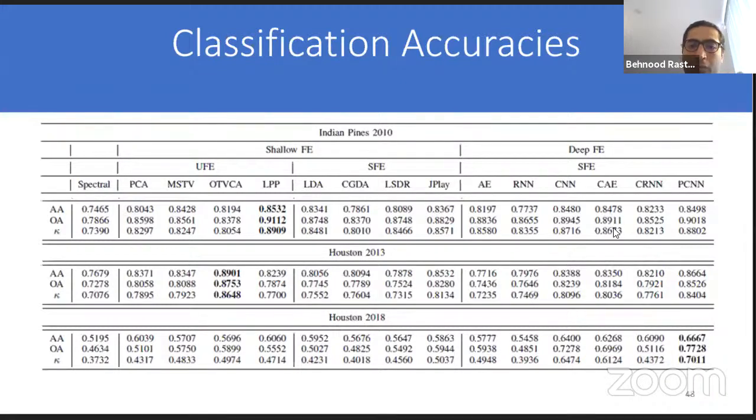But then when you compare deep learning techniques with shallow feature extraction techniques, you see for Houston 2018, particularly for PCNN and also for CNN, you get considerable improvement in the classification accuracy compared to shallow feature extraction techniques.